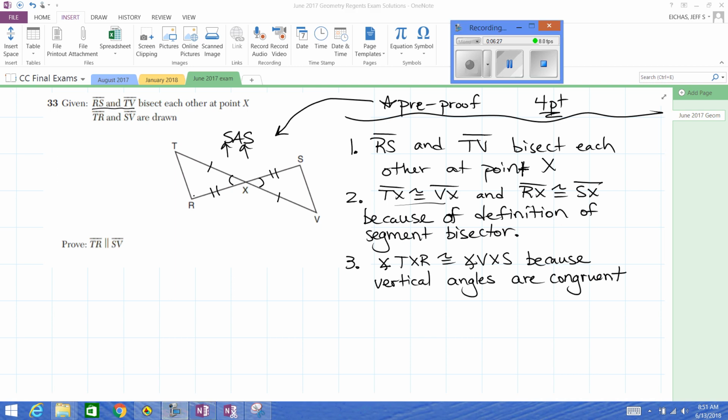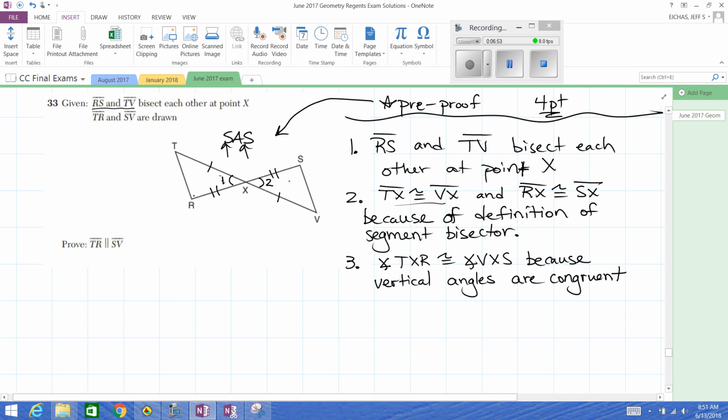Now, be careful on this. You cannot just say angle X is congruent to angle X because we don't know which X we're talking about. If you don't want to write the three-letter path, you could label them angles 1 and 2. That's probably the safer bet. So make sure that you are being certain that that's the angle you want to be talking about.